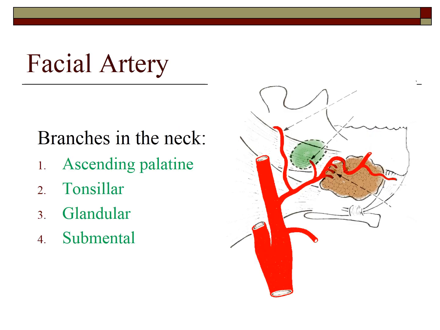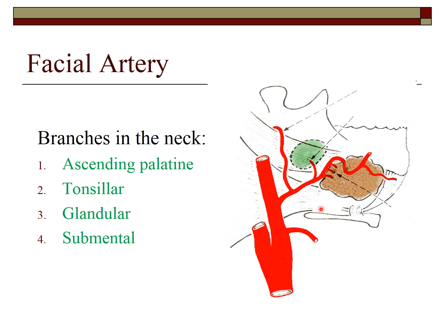What are the branches of the facial artery in the neck? This is the external carotid. This is the facial artery. It passes grooving the posterior aspect of the submandibular gland, passes upwards, and then it descends between the gland and the mandible, and then it passes upwards till the medial angle of the face.